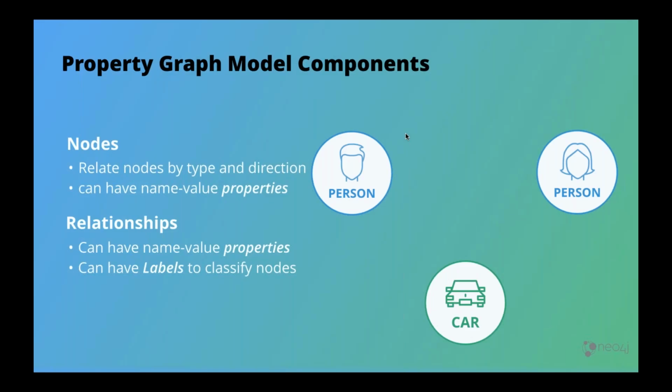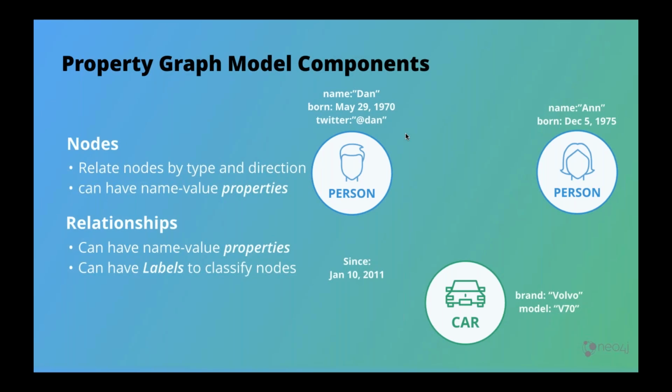I had trouble advancing the slide there, but let me take a quick moment to explain this property graph model. As I said, there are nodes and relationships. The nodes could be things like people, cars, products. It could be genes, whatever that might be. And they have types and directions, and they have properties. So the person would have, of course, a name, where they went to school. Here we've got the Twitter handle on there.